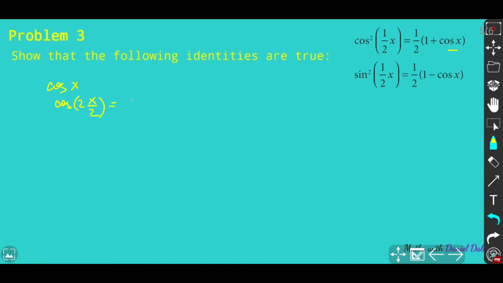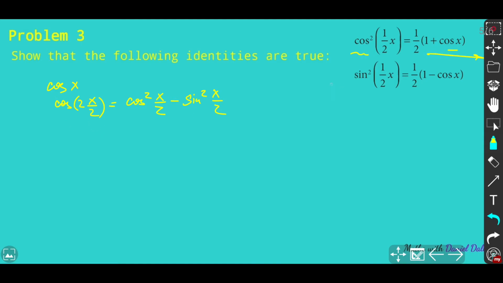How would you write that? You would write cos squared of x over 2, because that's the angle, minus sine squared of x over 2. So that's the modification you would apply to the right side.